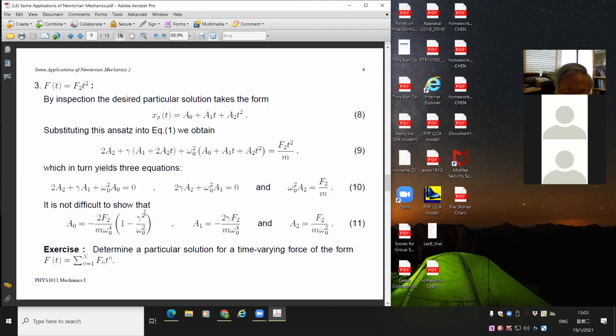But they are interested in small t, a short time solution. That means the time will not go too long. It's only for, say, a certain period. Then actually you can represent your cosine function by a power series and keep up to a certain term, right? So again, it is a polynomial. And then you can make use of this trick to get your answers.